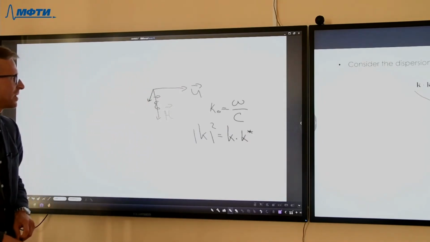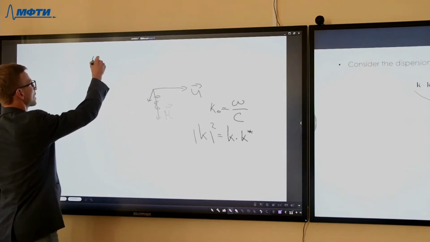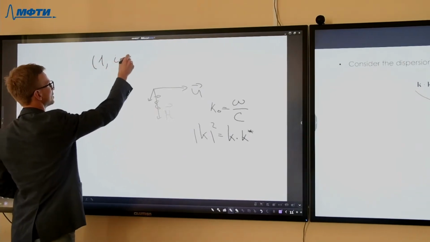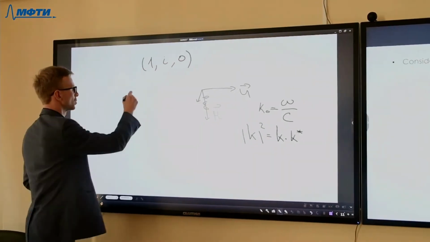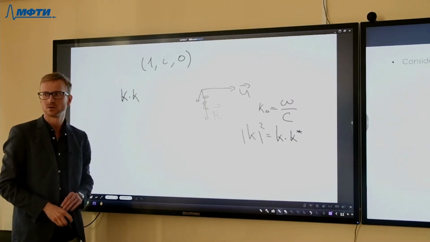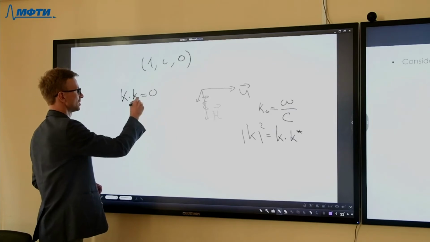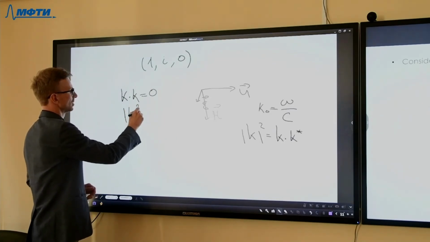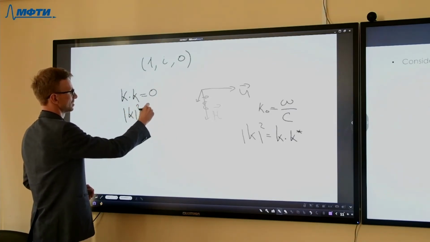Because if you have a vector, let's say we have a vector 1, i, 0. So what is the k dot k of this vector? This is 0. But the magnitude of this vector is obviously k squared is 2.